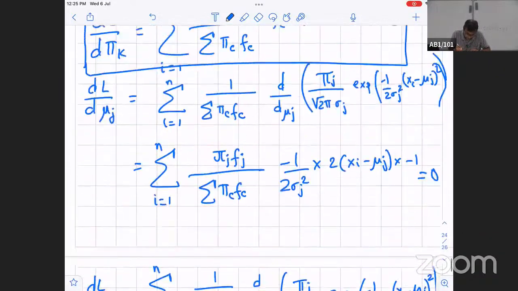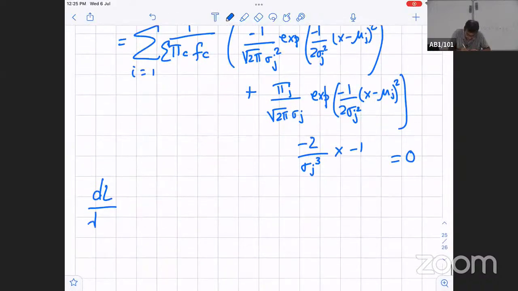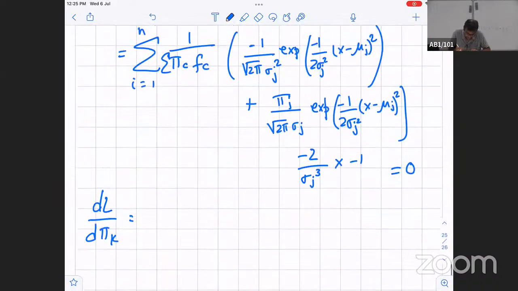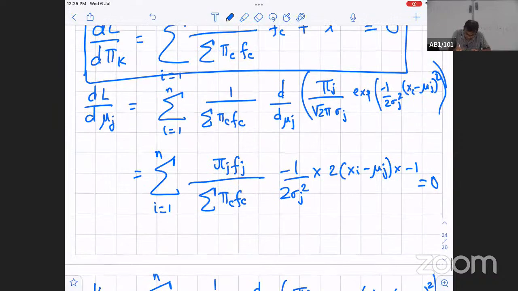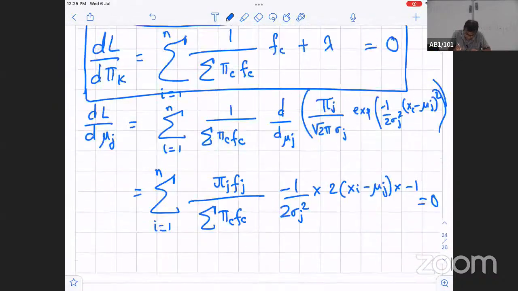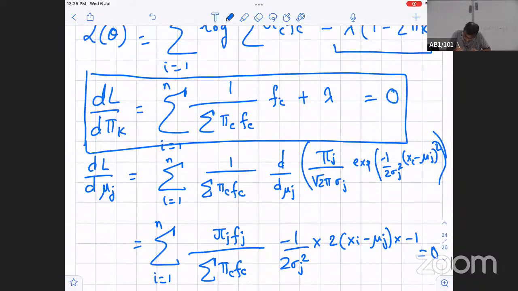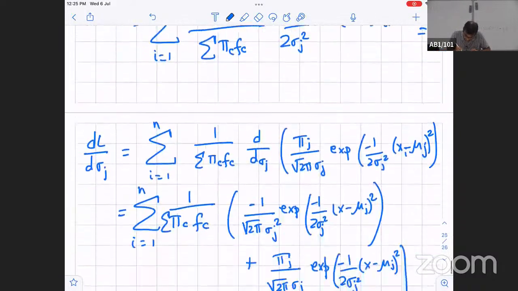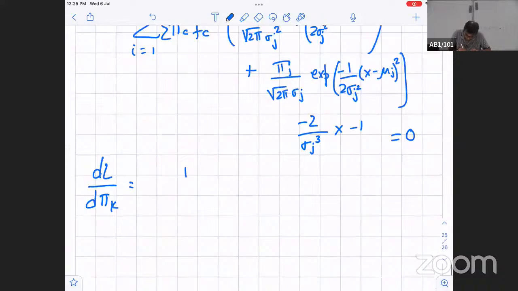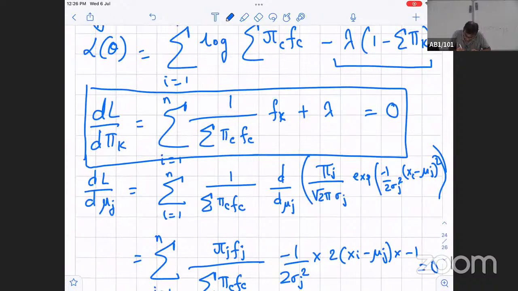So dl by d pi k, I will write it. I'll multiply this entire thing with pi k. I made a mistake here, this is pi k. So I will write it as pi k f k. I have multiplied pi k with everything.